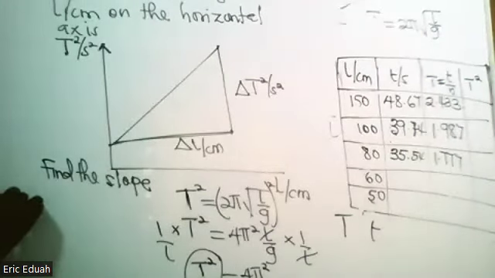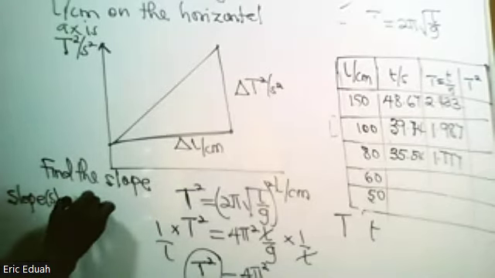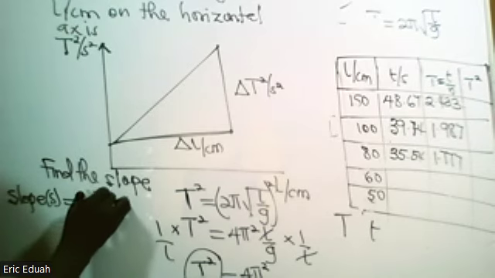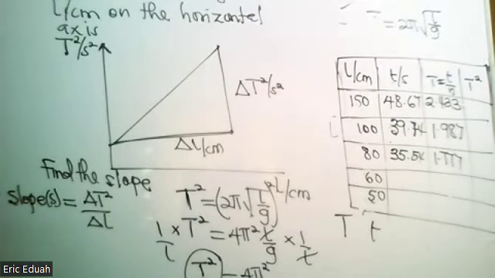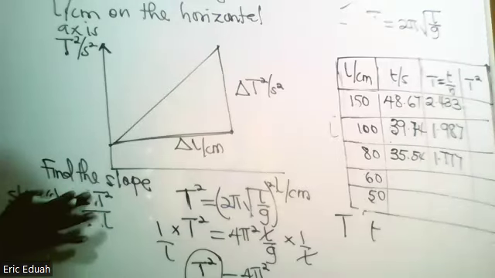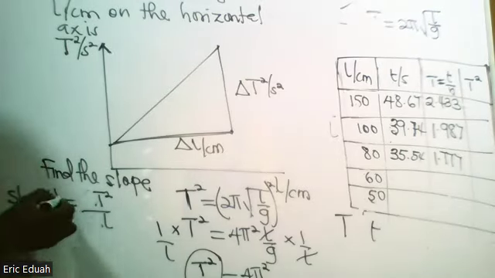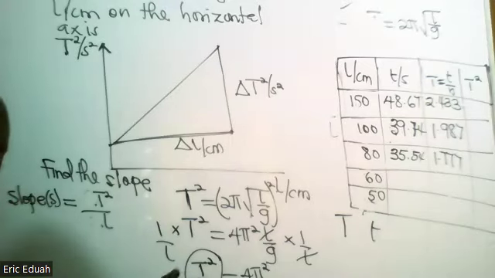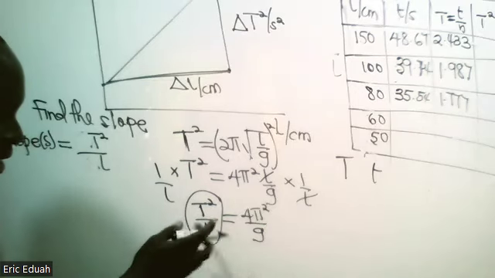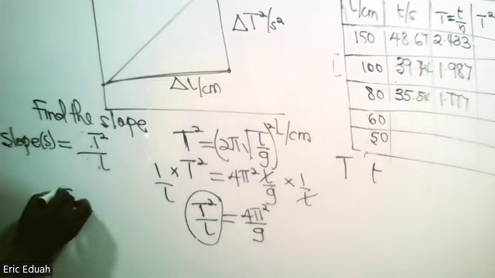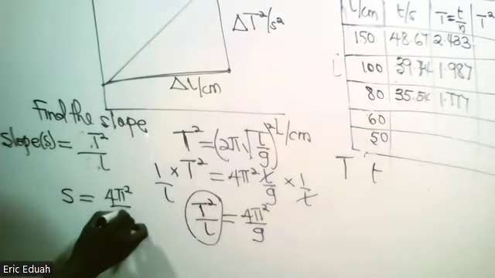When I find the slope here, the slope S is equal to change in T squared over change in L. Whether there is a change or not, this is actually T squared over L. So from the equation, when I make T squared over L, this is the slope. It means the slope is actually equal to 4 pi squared over g.